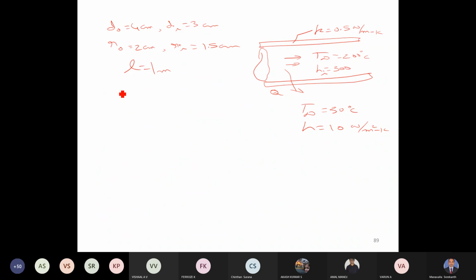So we are asked to find U. In the earlier slide, I showed you the overall heat transfer coefficient; there was only one U, evaluated using some equation. Now, in cylindrical radial systems, there is an inside radius and an outside radius, each with a certain area.